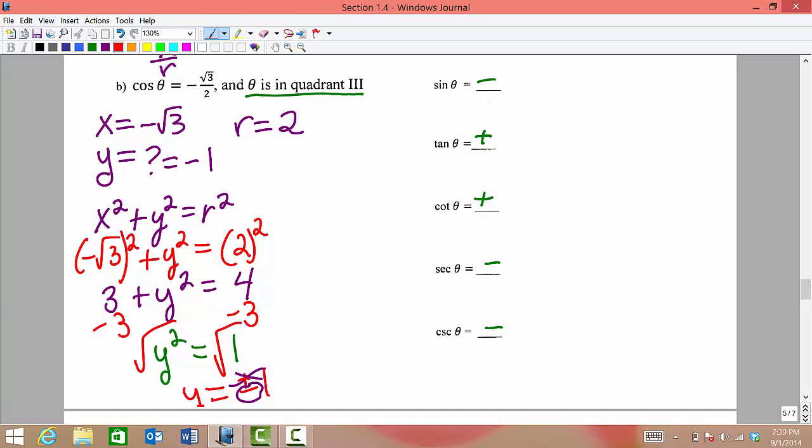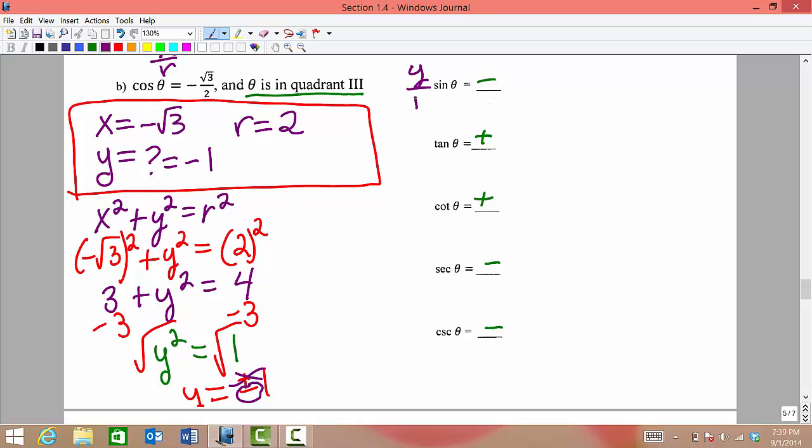Now let's figure out the values of all of our trig functions. Sine is y over r. So the y value is minus 1, or just 1. We already have the sign there. 1 divided by, our r value is 2, so sine is equal to a negative 1/2.